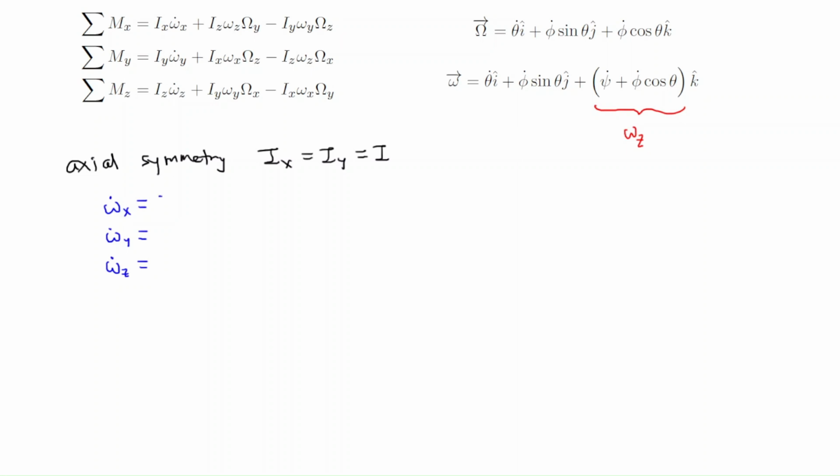Okay, well, omega x is just theta dot, so omega x dot is theta double dot. Now omega y is phi dot sine theta. So if we take that derivative, we're going to use a product rule. We're going to get phi double dot sine theta plus phi dot theta dot cosine theta.